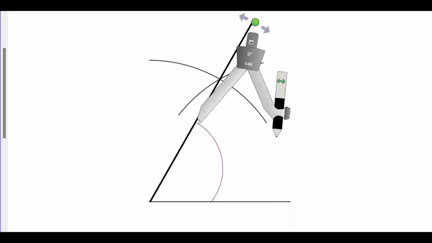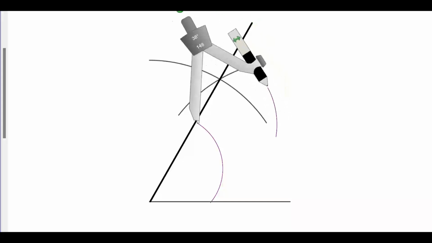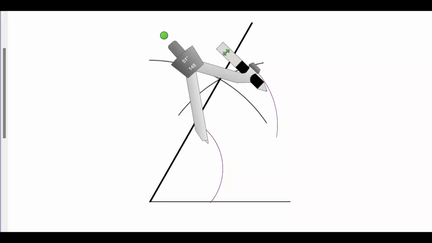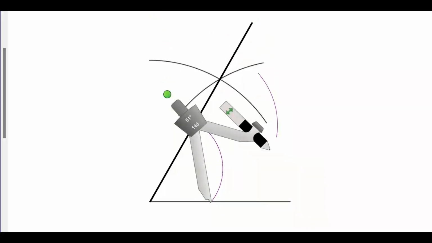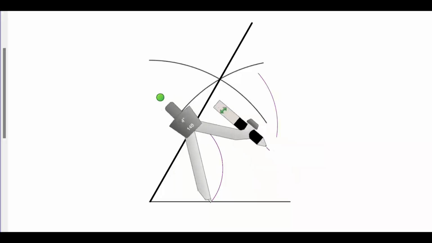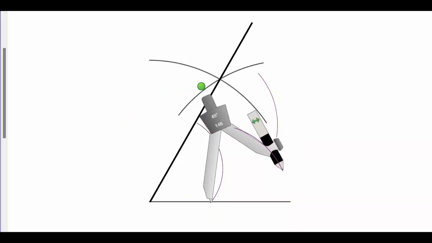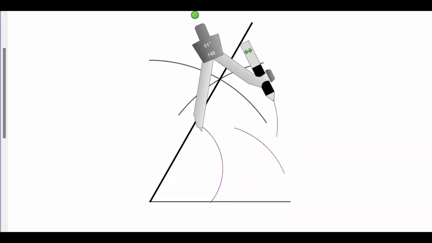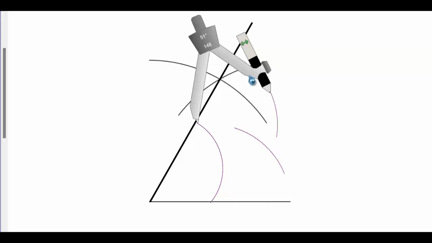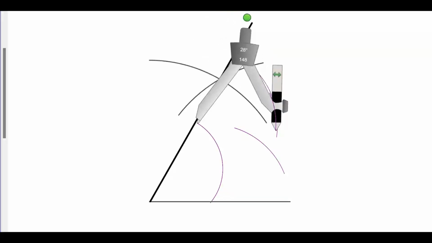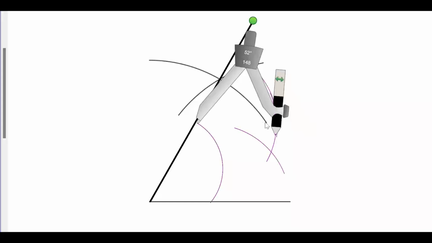So from here, let's draw an arc here. With the same radius, put it here. Let's draw an arc here. This is too small, so we can go back to this one, put it here, and draw an arc here again. So this is what we have here.